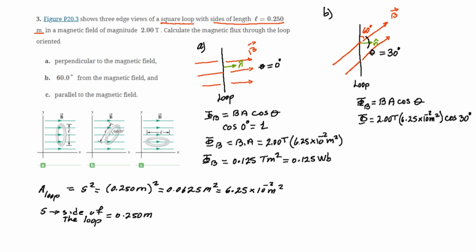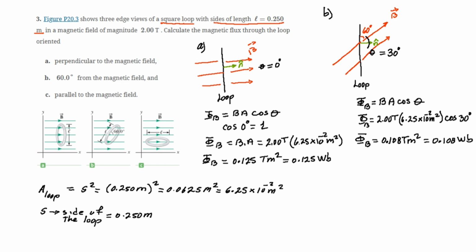So when you calculate the magnetic flux now, this would be 0.108 Tesla meters squared, which is the same as 0.108 Weber.